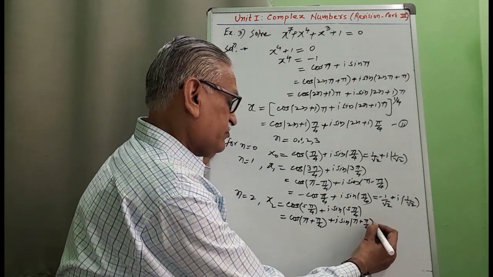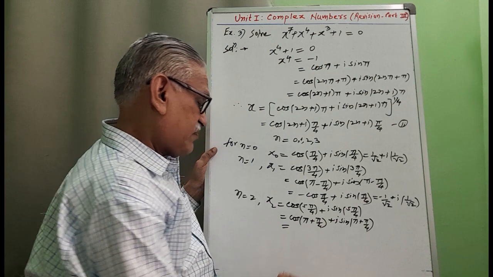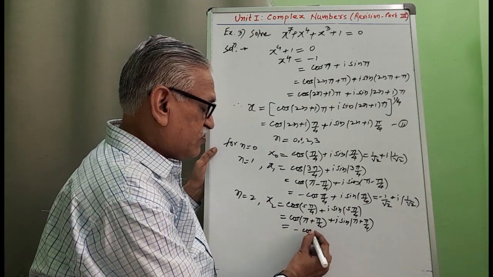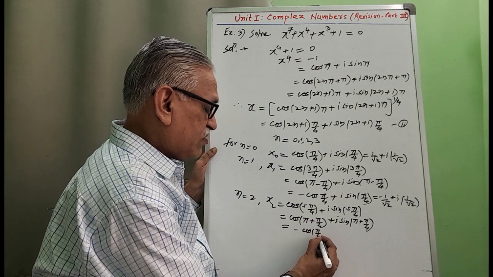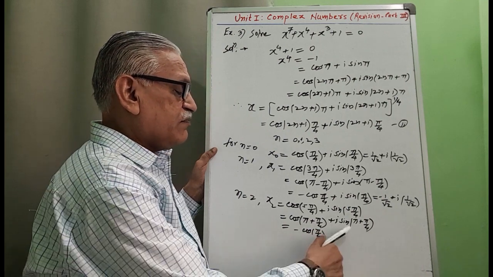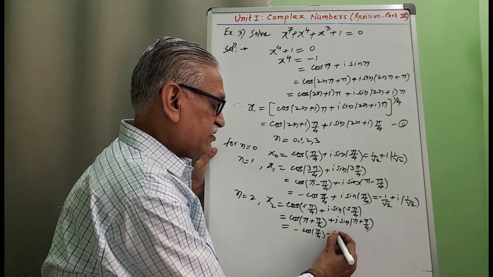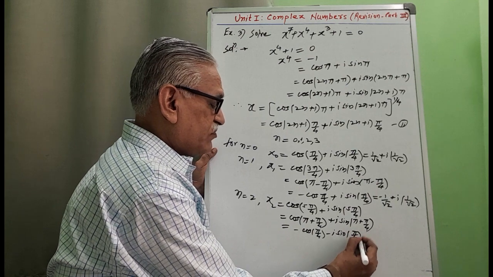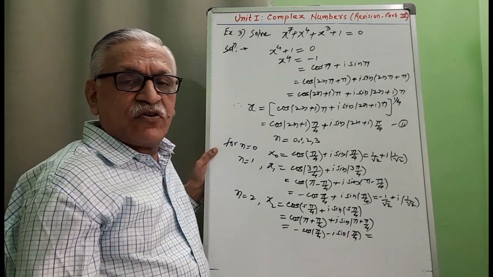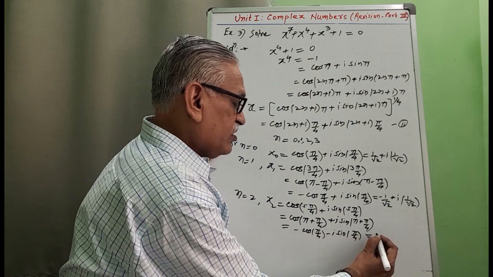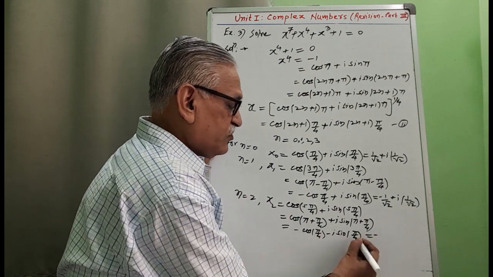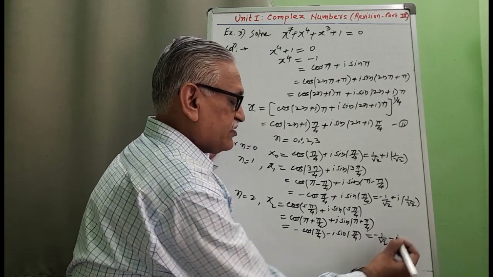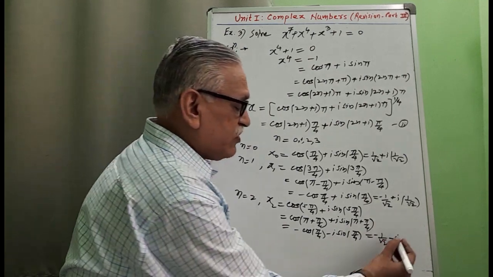It is equal to cos(π + θ) is minus cos θ, minus cos of π by 4, and sine(π + θ) is minus sine θ, means minus sine of π by 4. Substituting the values of cos π by 4 and sine π by 4, first one is 1 by root 2 with minus sign, and minus i times the value of sine π by 4, which is also 1 by root 2.